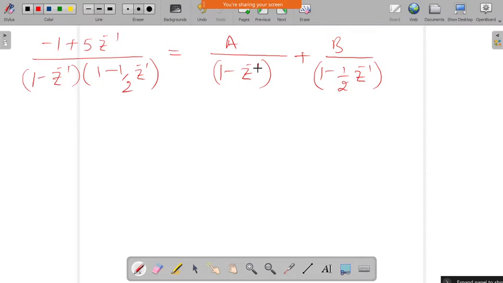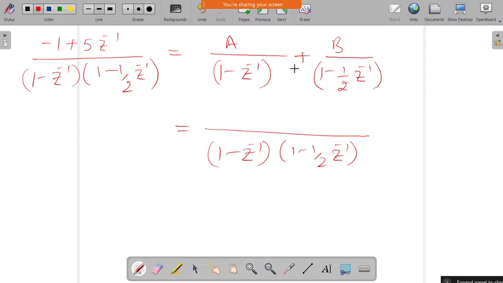Okay, so this we can equate like this, and now we can take the LCM of both the sides. So now we have the LCM on the right side, so that we get (1 - z^-1)(1 - (1/2)z^-1). So if you are able to find A and B, this whole thing we can write as the term with whatever coefficient A we get divided by this, and the B term divided by this, and this will be equivalent to this thing.